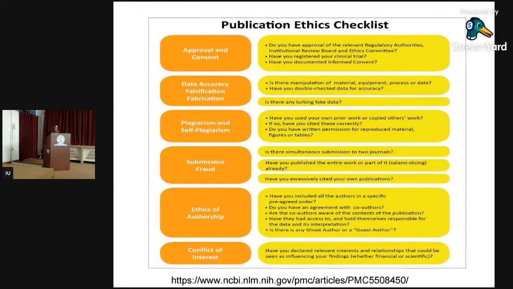Finally, there are some ethical guidelines for authorship. What are those guidelines? We have to know who can be included as an author on the paper. Somebody who has conceived the study, designed the study, somebody who has actually executed the study will be a part of the paper.